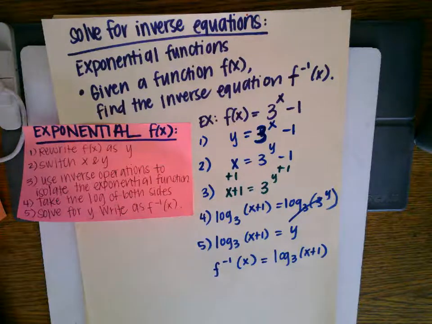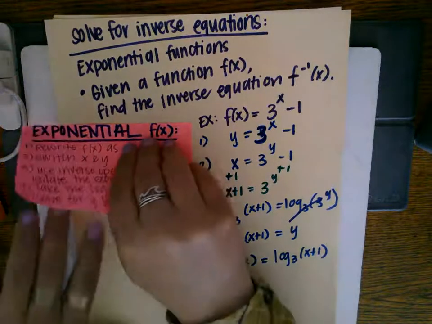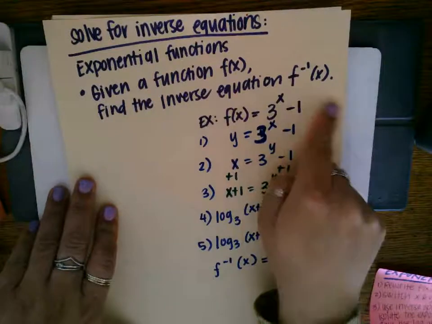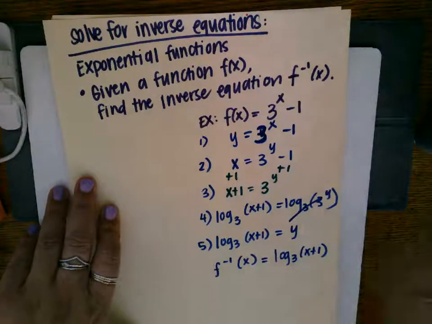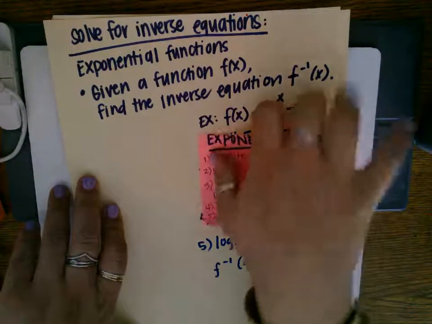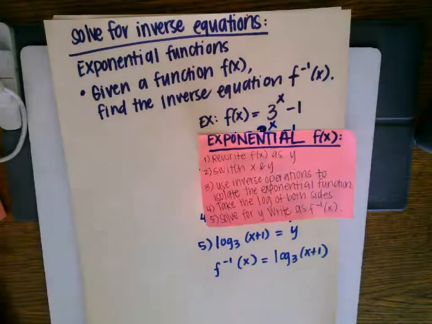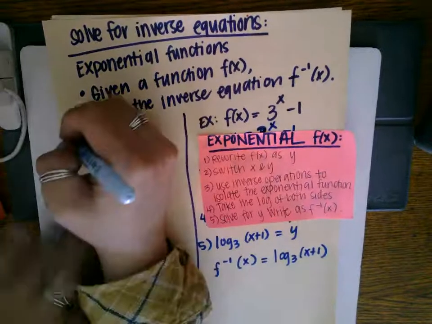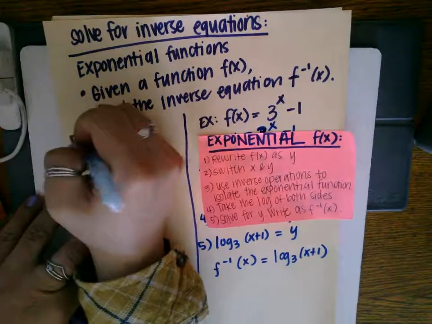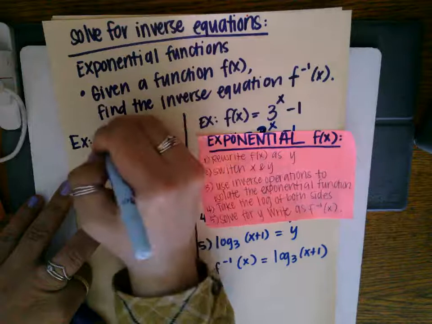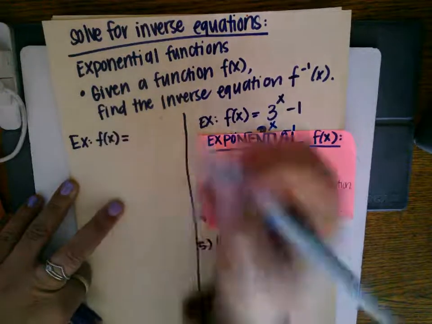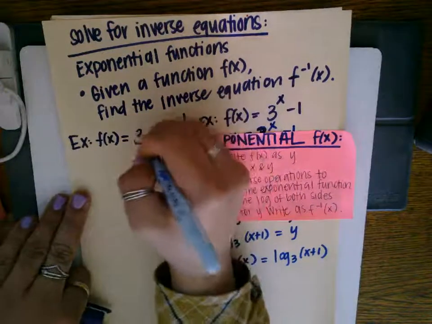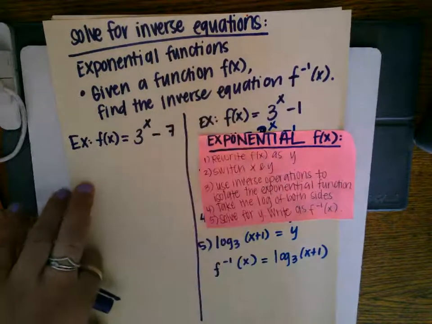Sweet. Let's try another example of finding the inverse of an exponential function. So this was 3 to the x minus 1. What about if our next example is find the inverse of f of x, given f of x is 3 to the x minus 7.